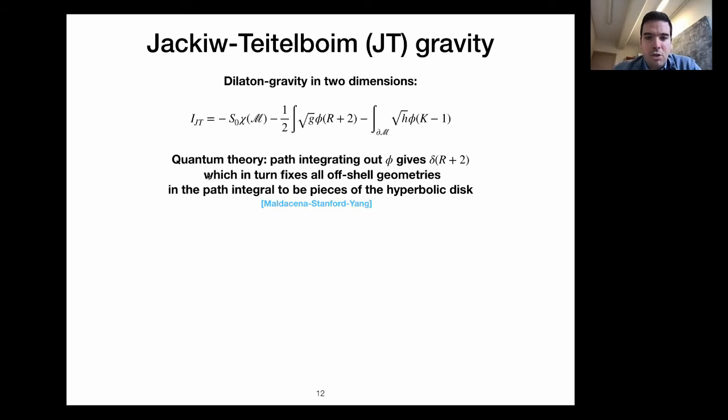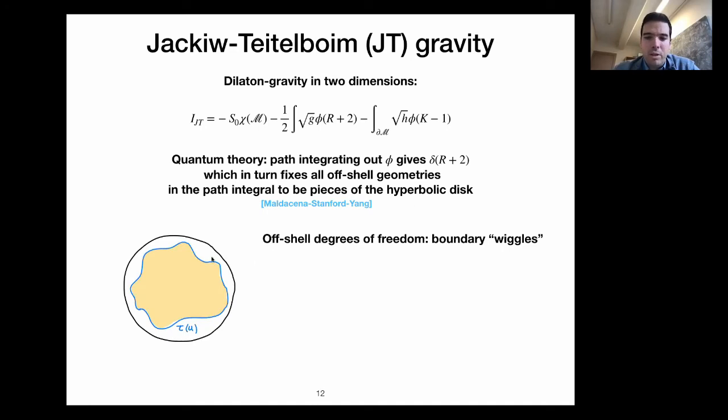This essentially restricts all the off-shell geometries in the path integral to be basically pieces of the hyperbolic space or the hyperbolic disk with disk topologies. So what does this mean? Here's the hyperbolic disk. What's the only off-shell degree of freedom? It's the shape of how you cut out a piece of this space so that your boundary conditions are satisfied.